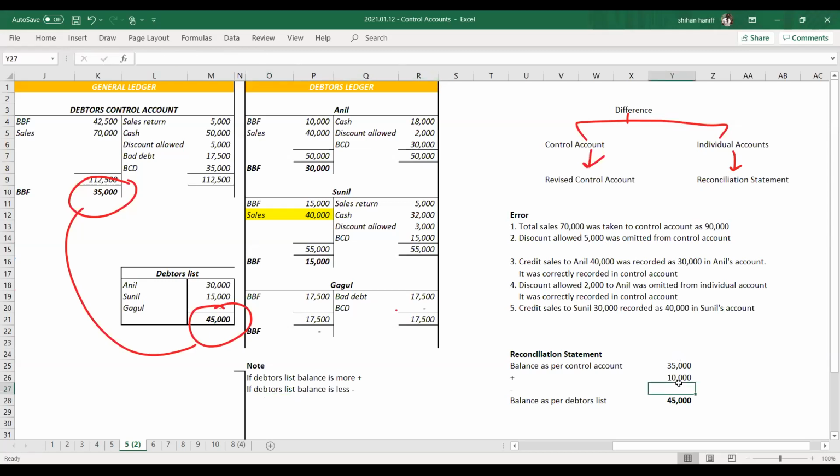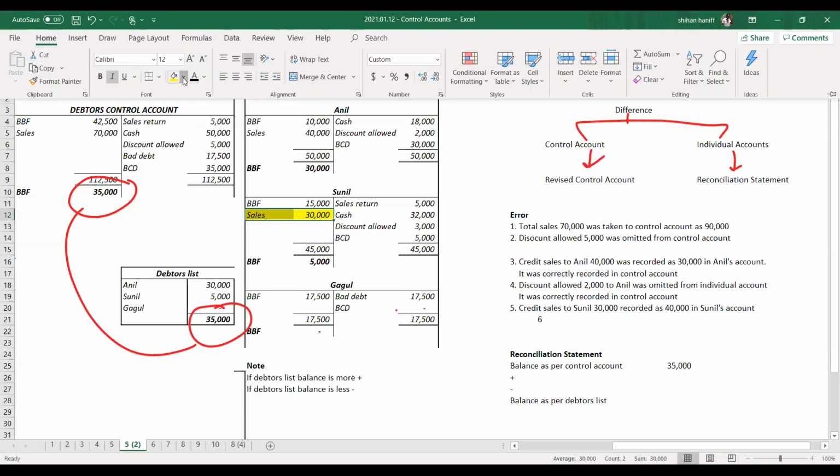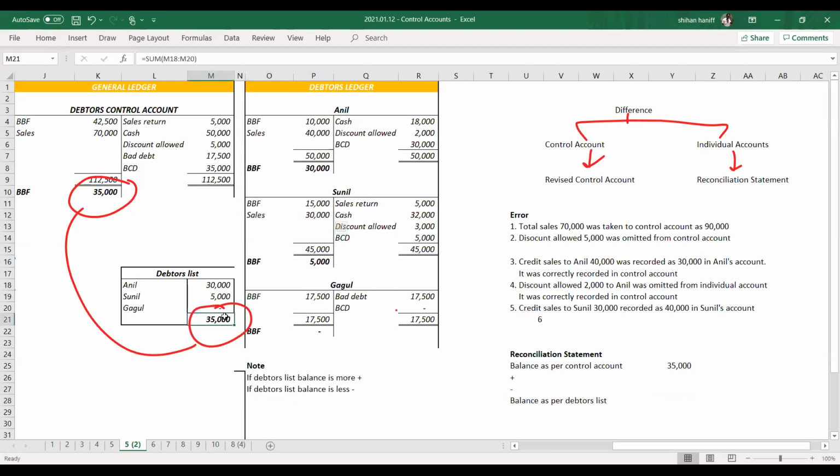Let me take another example. Example 6. This was 30,000, so keep it as it is. Now there are no errors. Both the balances are 35,000, 35,000.